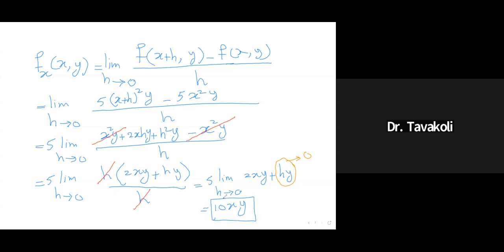So the derivative of f with respect to x is 10xy. Now, at any given point, I just multiply 10 by the first coordinate and the second coordinate. I get the partial derivative with respect to x.